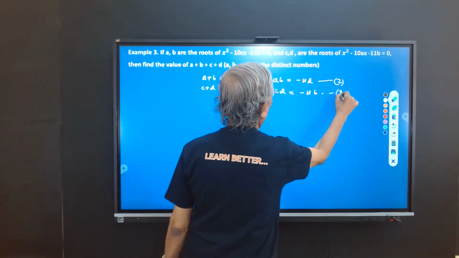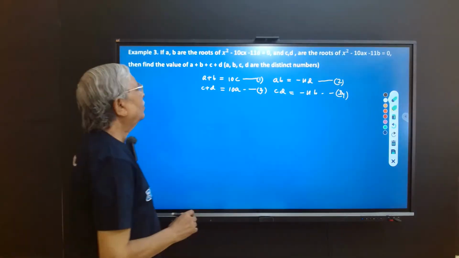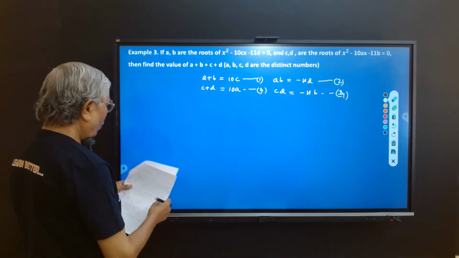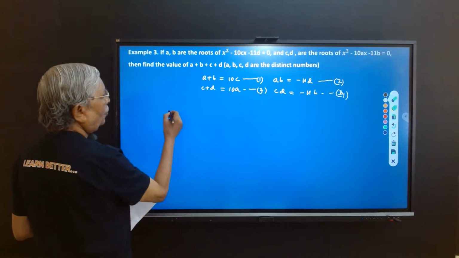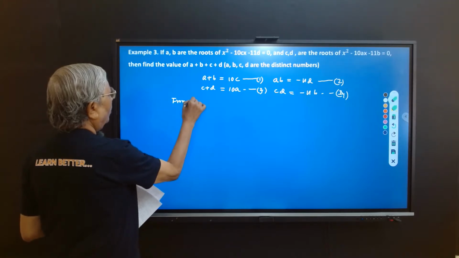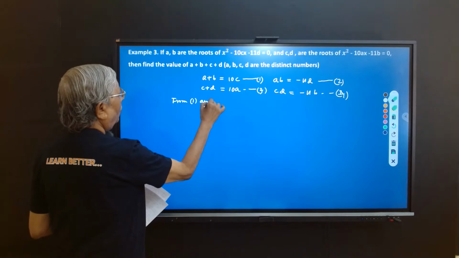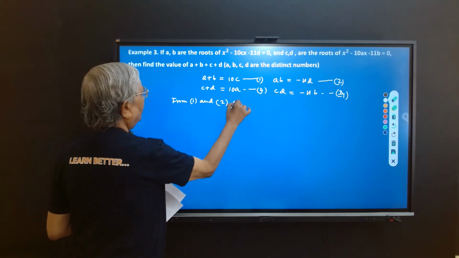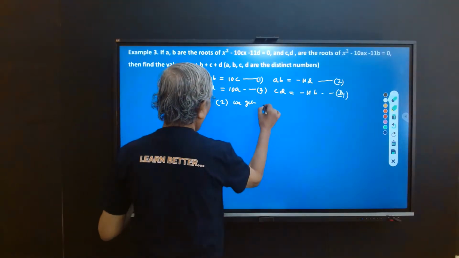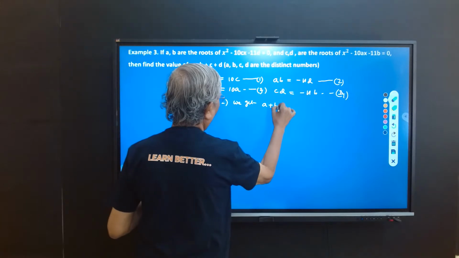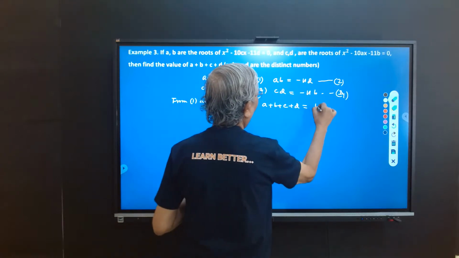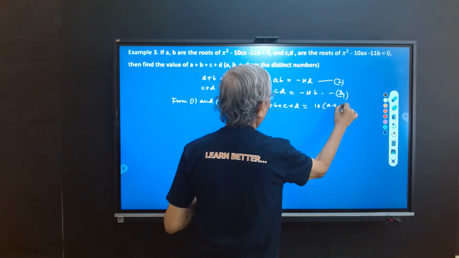This is our equation number 4. Look at equations 1 and 2. First you add 1 and 2. From 1 and 2, we get a plus b plus c plus d equals 10 into a plus c.